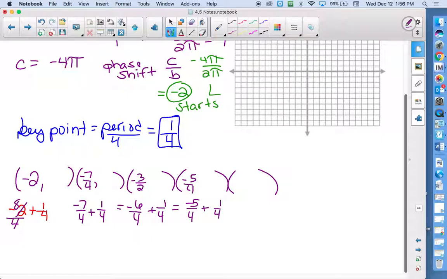What's the last angle that you should have? Negative 1. What's the distance between negative 2 and negative 1? 1. What's our period? 1. That's how you know you did it right.